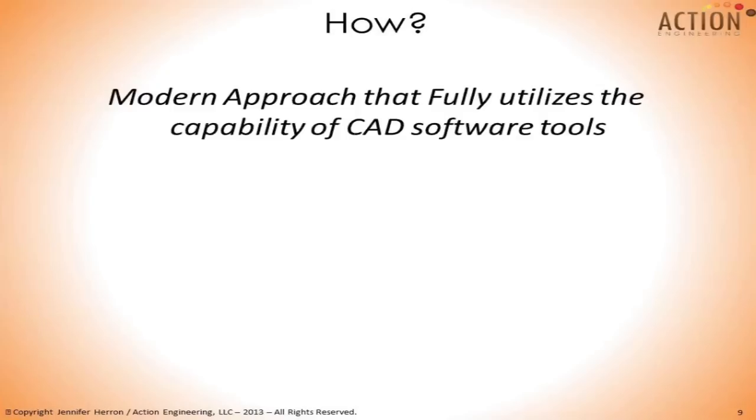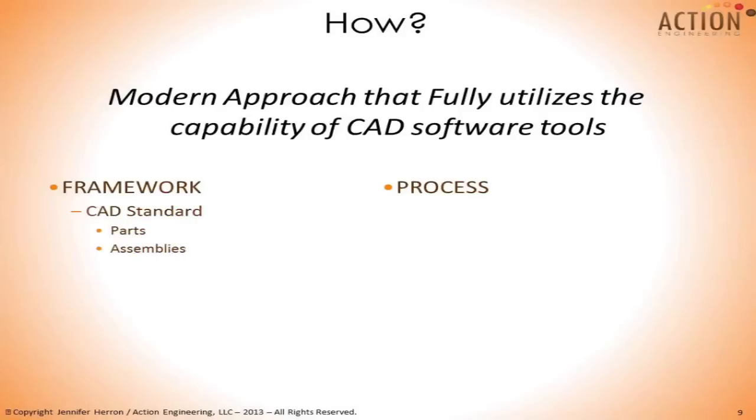There is a lot of great technology available that supports model-based enterprise, but we don't really know how to use it to maximize the benefit or to even support model-based enterprise fully. So there's two pieces.